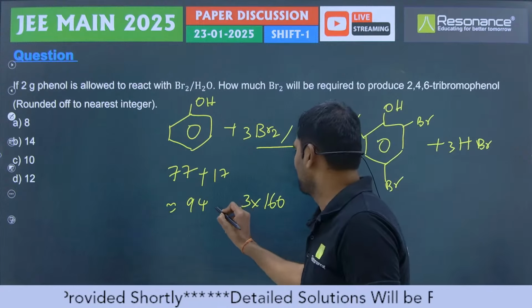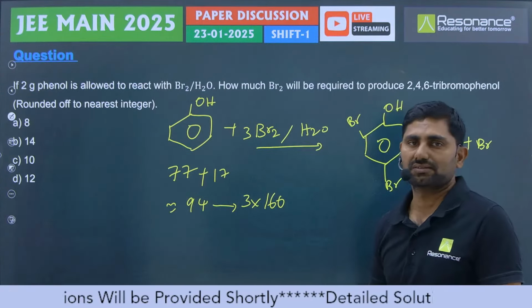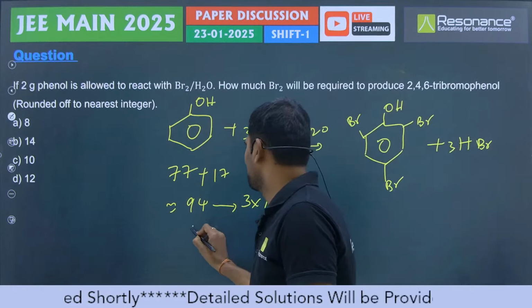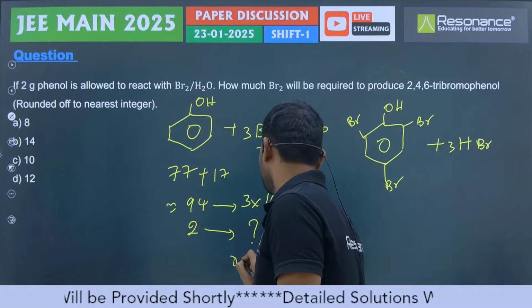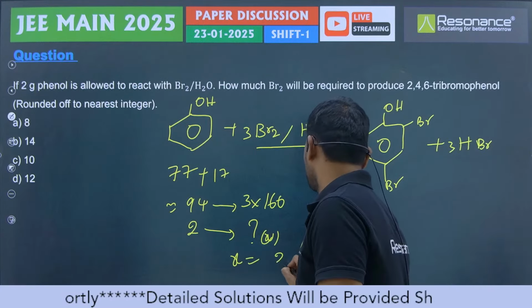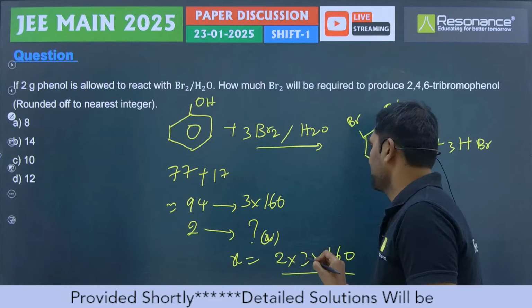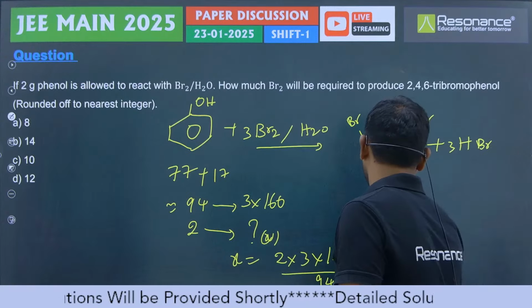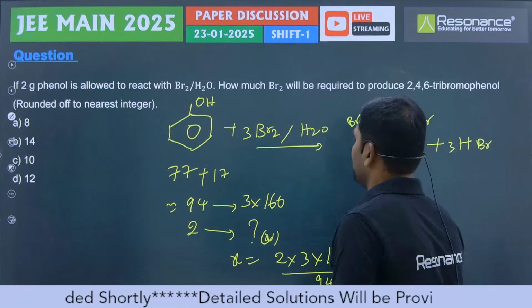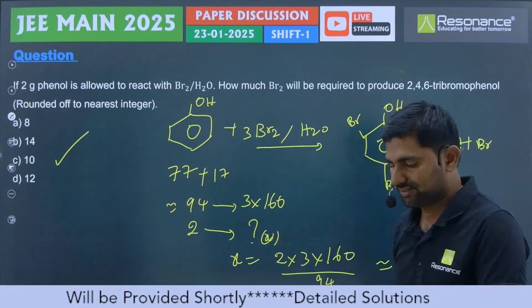So 94 grams will require 3 into 160 grams. Now for 2 grams, how much? Cross multiplication, so X is your answer: 2 into 3 into 160 by 94. By solving this you can get approximately 10.2. So option C is matching. Next.